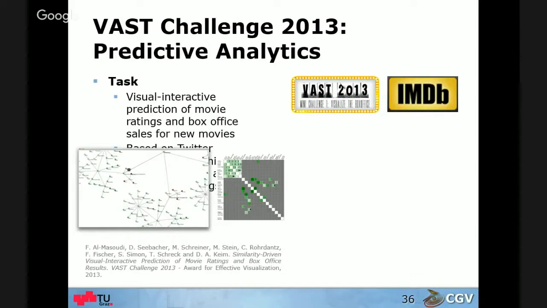This data was gathered in a mind map, and in the end we applied a nearest neighbor classifier which generated a weighted sum of values to predict star rating and box office.